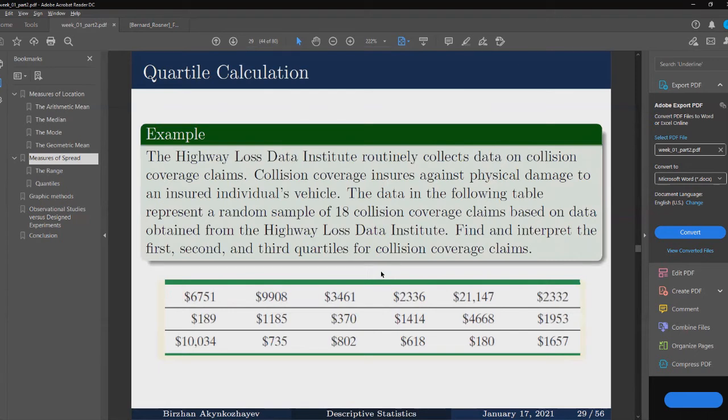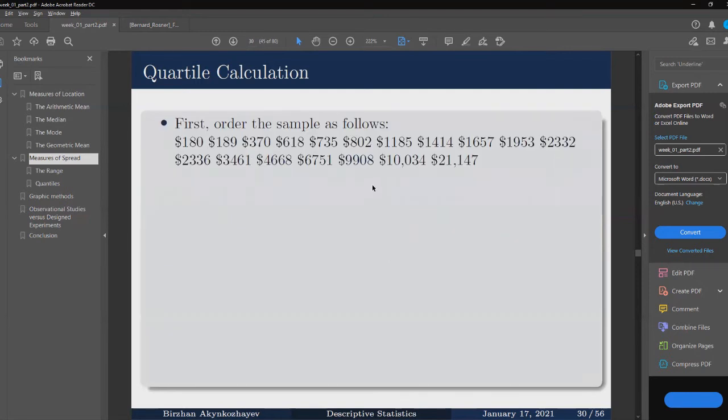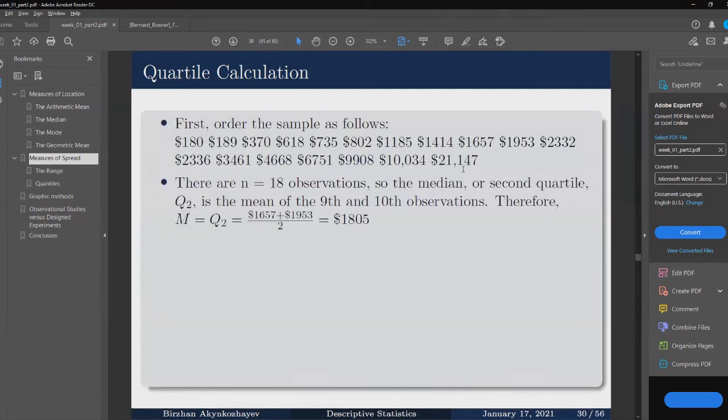Okay, let's take a look at the following example and let's calculate quartiles for it. Again, we start by ordering our sample in ascending order. To find the median, we have 18 observations, meaning that the median is the average of the middle 2 values, of the 9th and 10th observations.